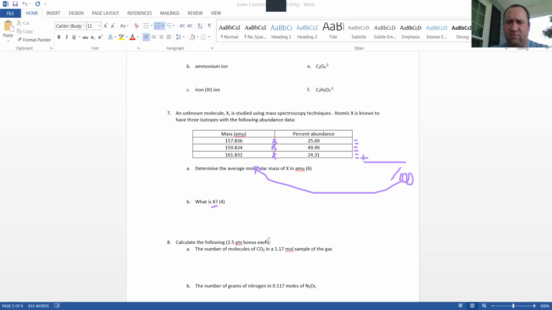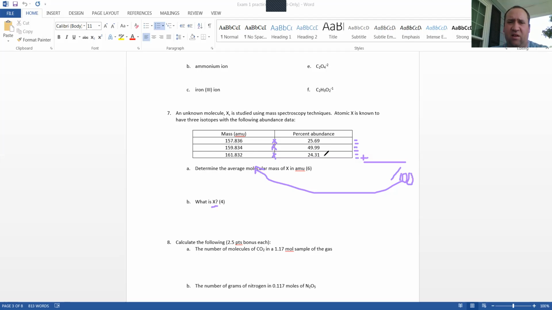So you would do this for all 3 of the isotopes, add them all together, and then divide by the 100 to get rid of the percents. Otherwise, the answer is going to end up being like 15,000, which doesn't make any sense.